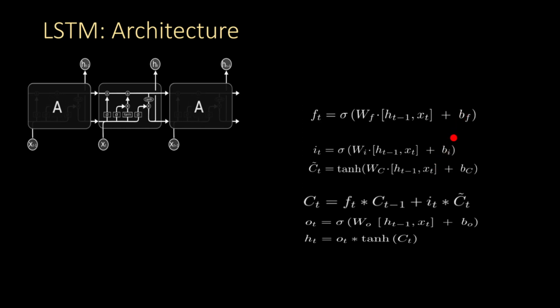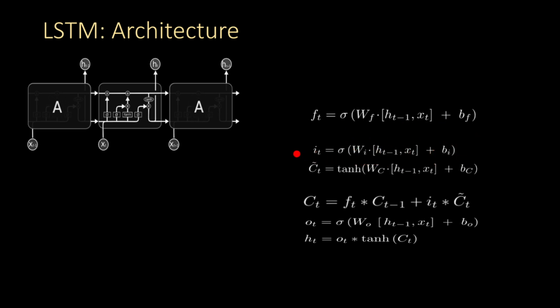They have their own biases, and also they have their separate weights. So the weights for the forget gate obviously are different from the input gate. Hopefully they perform different tasks.